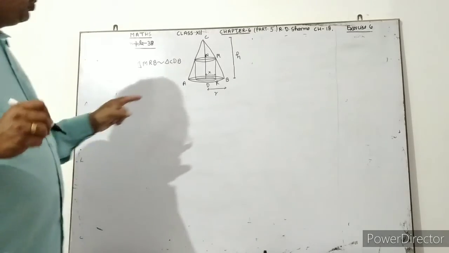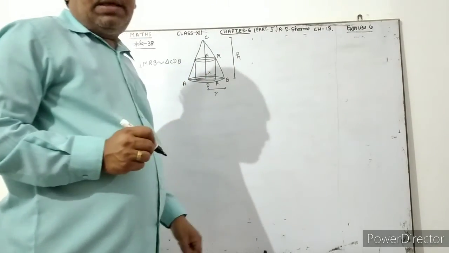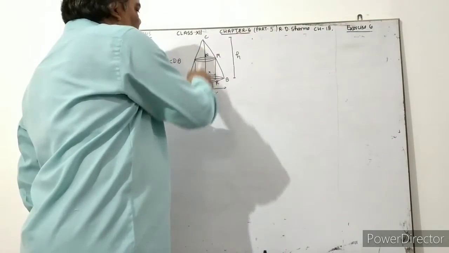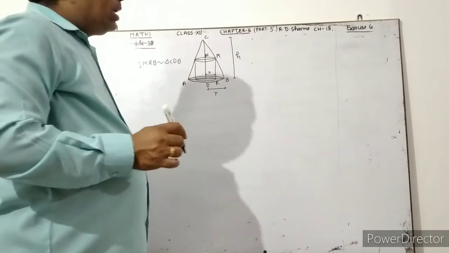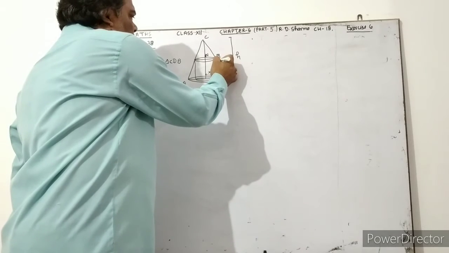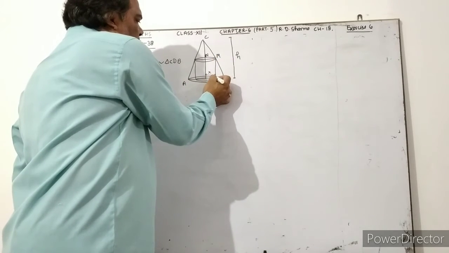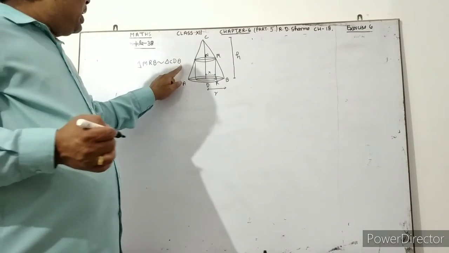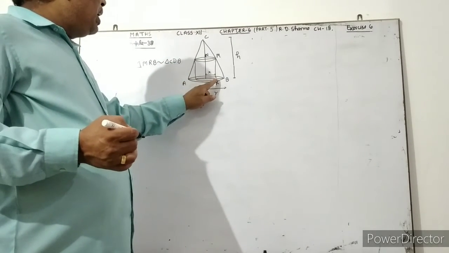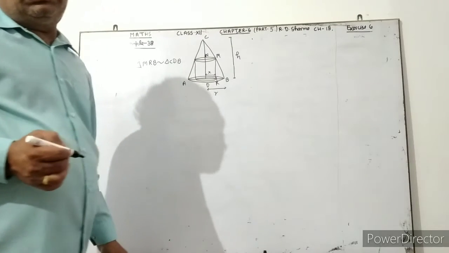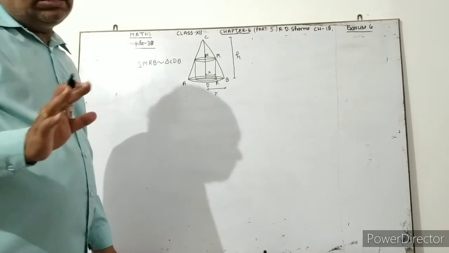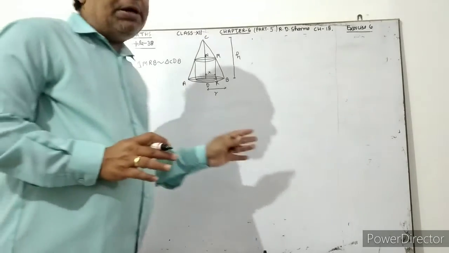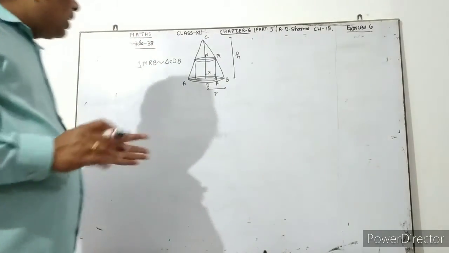You see, these two are similar. Which ones? PRB and CBD are similar. This and this angle B are equal, and the angle R and the angle D both are 90 degrees. Then this is similar. Now you can apply the property of the similarity.